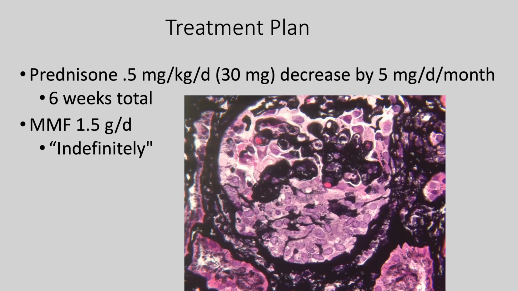So I don't understand the dichotomy. On one hand, we say, let's look at the data. The data says, don't give MMF unless there is progression, but yet you look at this ugly biopsy and you say, forget what the main study tells me, I have the itch to give CellCept. So this is the part that I think creates confusion among practicing nephrologists on what really should be done.